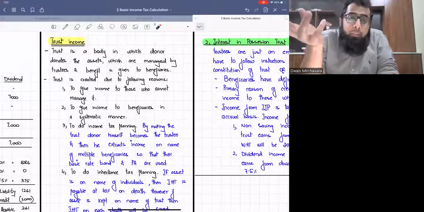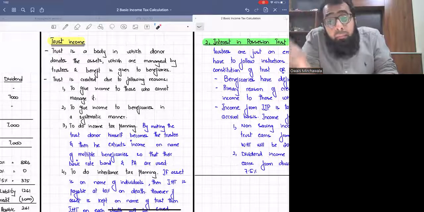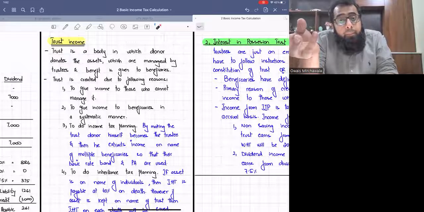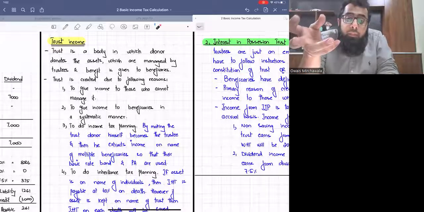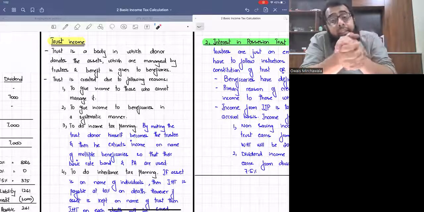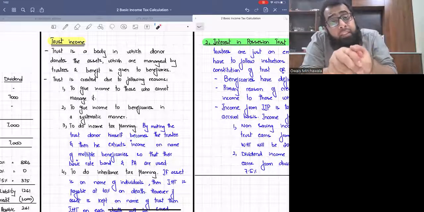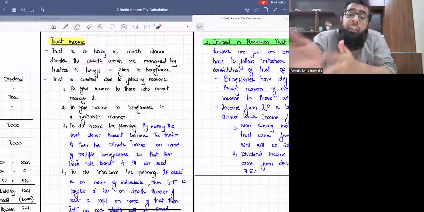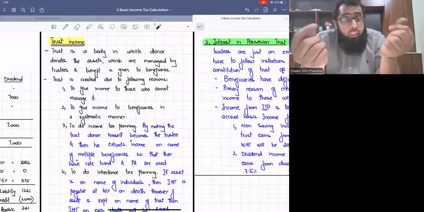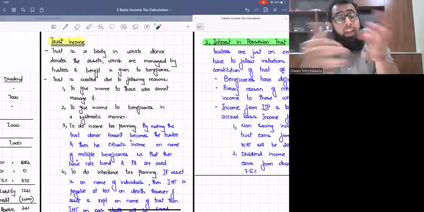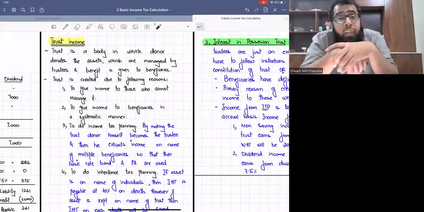It is a body created by a donor. The donor gives assets to the trust. Those assets are managed by the trustees for the benefit of beneficiaries. Trustees will get a salary, a remuneration. They are like a board of directors.